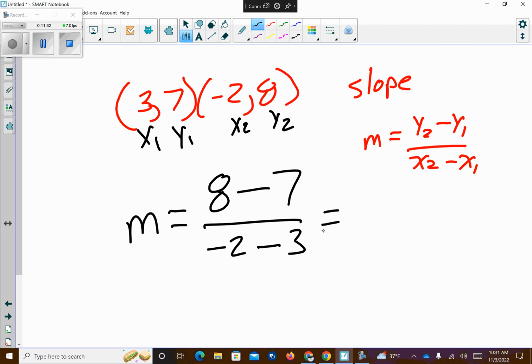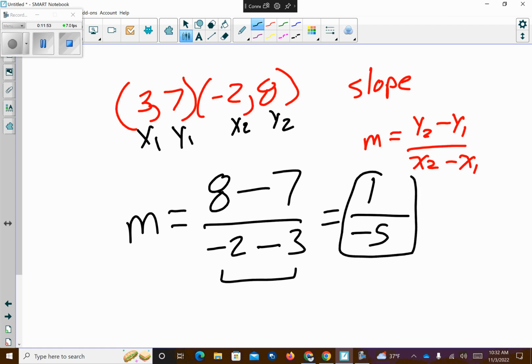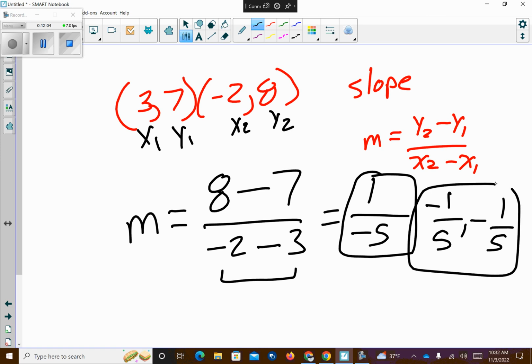Hopefully you make sure you bring one. 8 subtract 7 is? 1. -2 subtract 3. Very good. Hey, notice the negative showed up on bottom. Is that okay? Yeah. There's our answer. You could also have this, or you could have a negative like that. It's your choice which one you want to do. I don't care. I can figure it out.